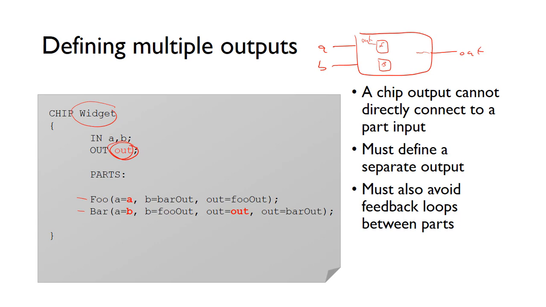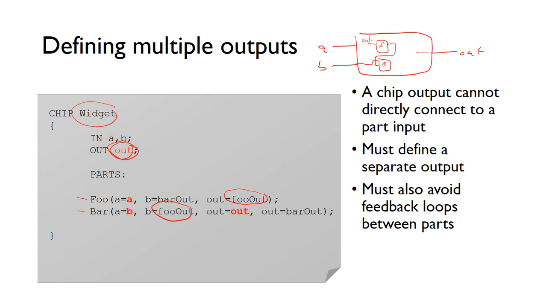So in this case, for bar, I've got the inputs A equals B, B equals foo out. Because I've used this descriptive name, it's easy to see. So the A connection is connected to the B input. B is connected to foo out. So I can see foo out is from the output of foo. So that feeds back into here.